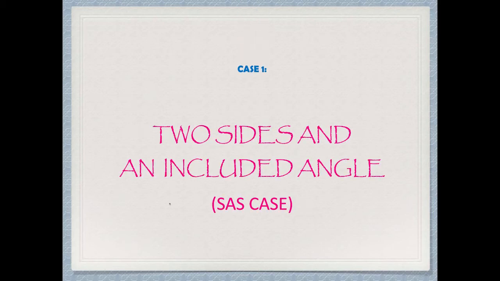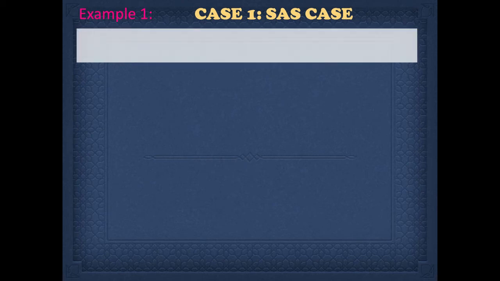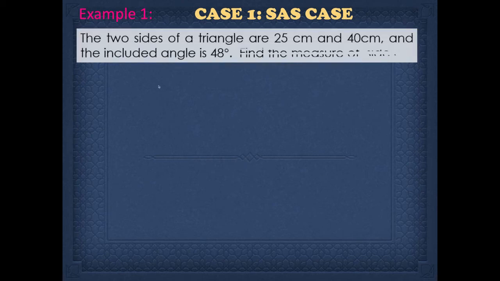Now, let's try to discuss case 1, when two sides and an included angle are given, or the SAS case. Let's have an example falling under case number 1. Okay, so let's have this problem.